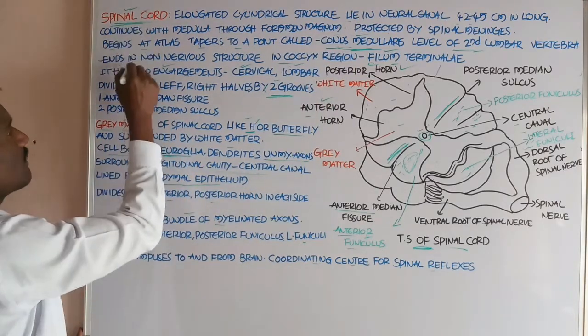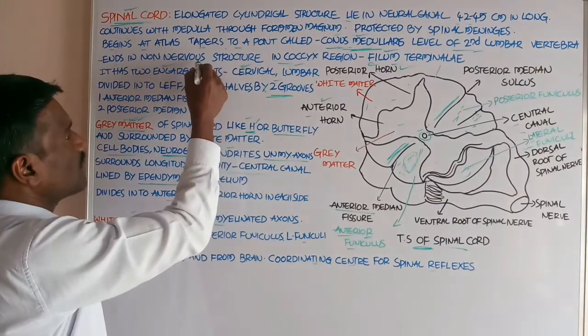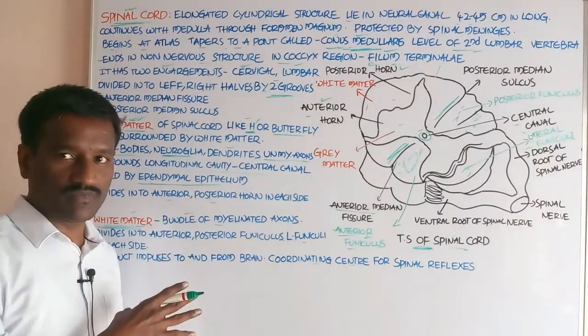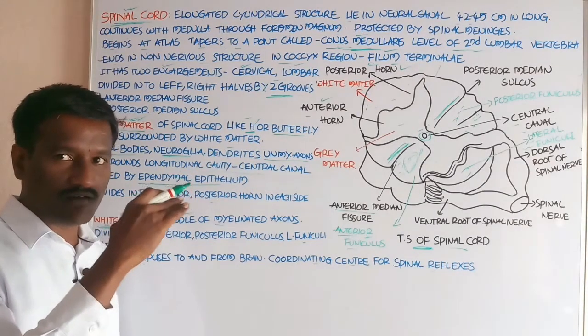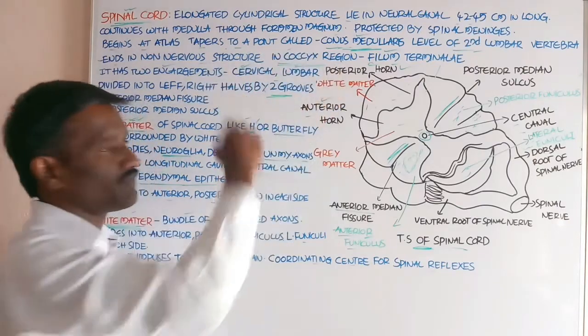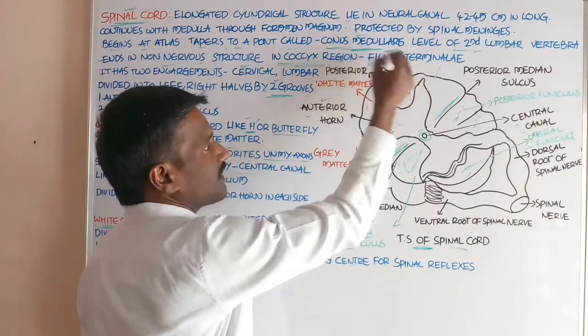Next, the spinal cord ends with a non-nervous structure; neurons are absent in that region. The spinal cord ends in the coccyx region of the vertebral column with a structure called the filum terminale.